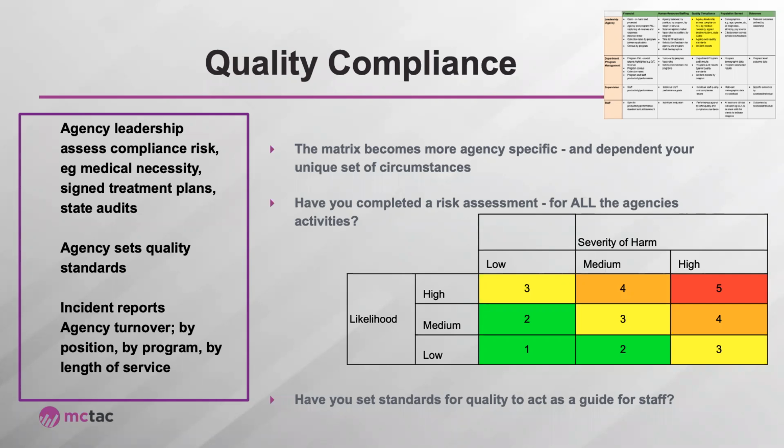Similarly, understanding for an agency what quality is in terms of programmatic, individual work is important to set standards, and they need to be set obviously at an executive level, but understood for individual staff and program managers and supervisors to be able to implement.